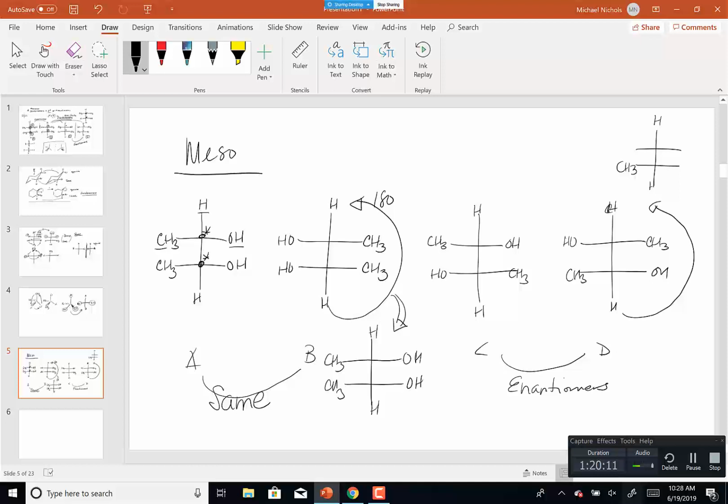This OH, when I flip it 180 degrees, ends up on the bottom. So these groups move from top to bottom, but they also move from left to right. So the bottom one, the methyl group, when it rotates, ends up here, and the OH ends up there. So when you rotate it 180 degrees, the top and the bottom interchange, but they also interchange from left to right. So when I do that, what do I end up with?